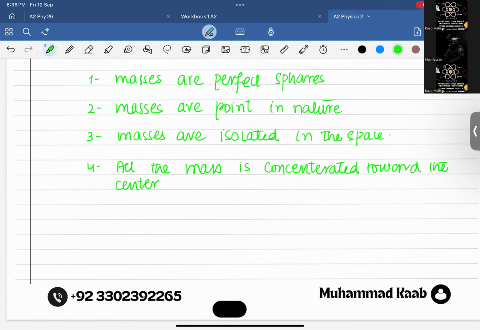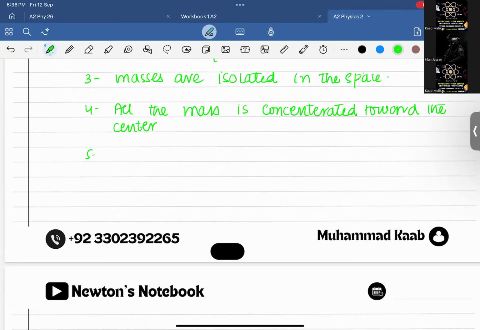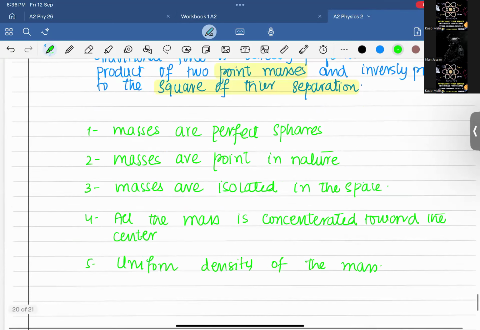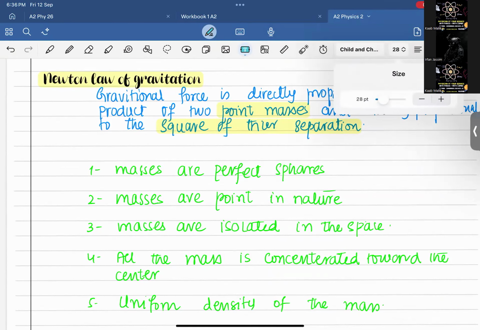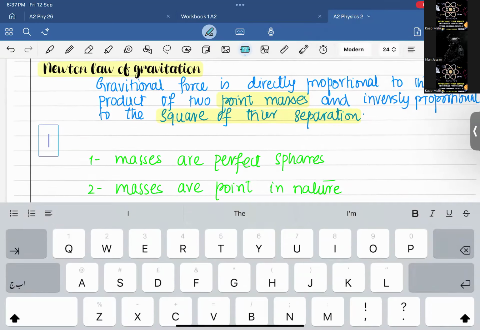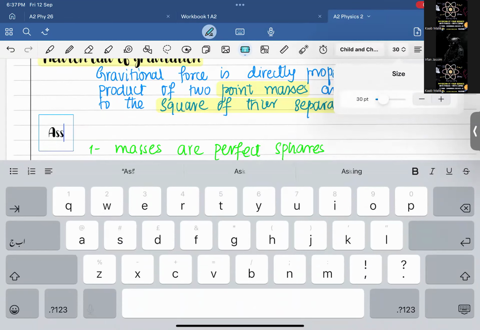So these are the assumptions. We can make one more assumption: uniform density of the mass. So these are some of the assumptions that we have to make in order to apply Newton's law of gravitation, right?